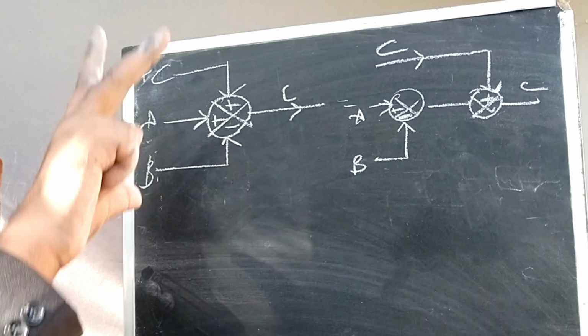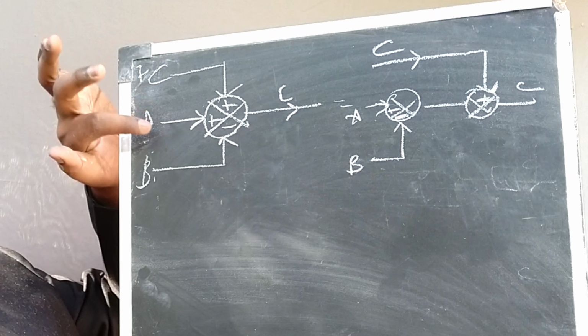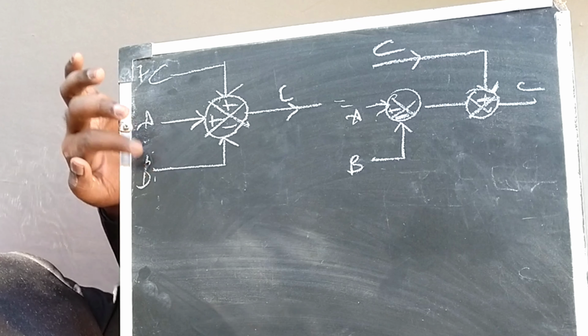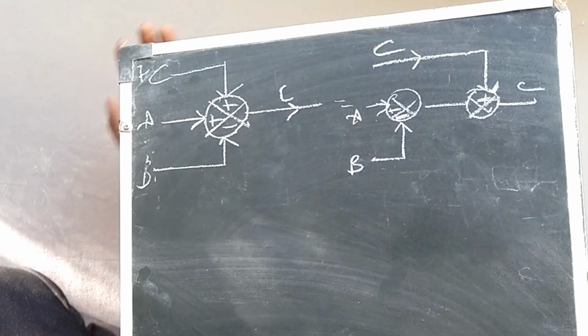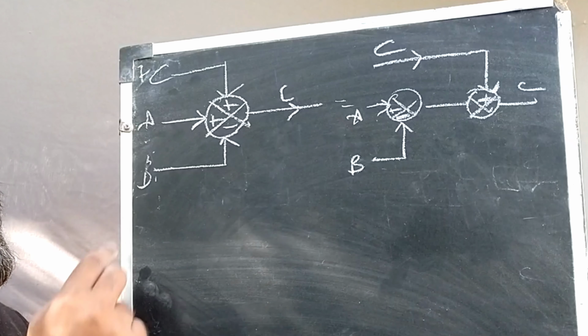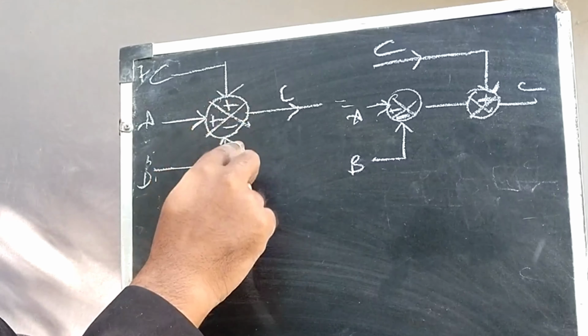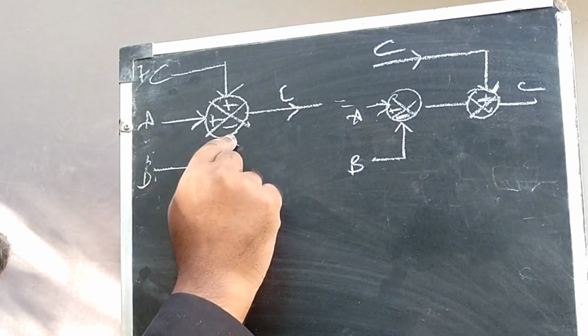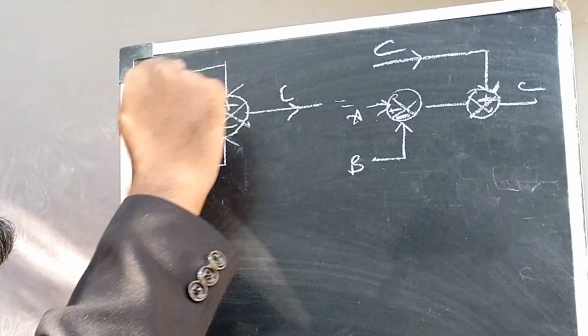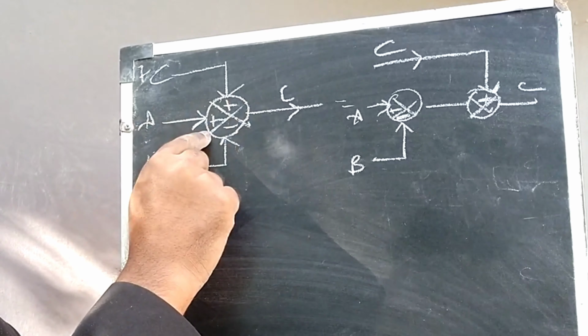If you want to split the summing point, look, here 3 connections of the summing point are there. If you want to split the summing point into 2, then you need to convert like this. There is no need of changing the inputs, and no need of changing the signs. Here B is connected to the negative sign of the summing point, C is connected to the positive, and A is connected to the positive.